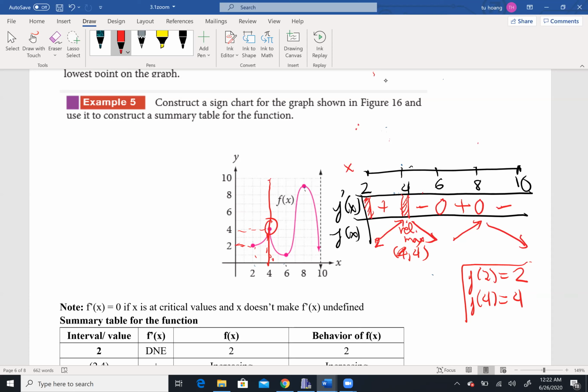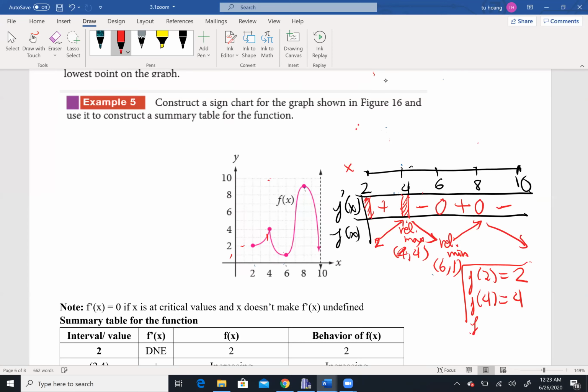And next one, I have the f of x going down at x equals 6, and then it's going up immediately after the right-hand side of 6. So then this should be a relative min. And it's at 6 and 1. Okay, I'm going to clean this up so we can see it clearly. 6 and 1, see that?